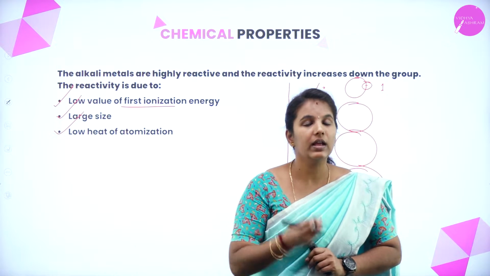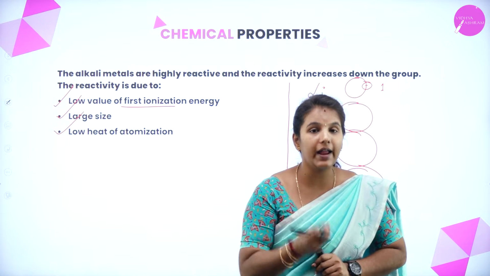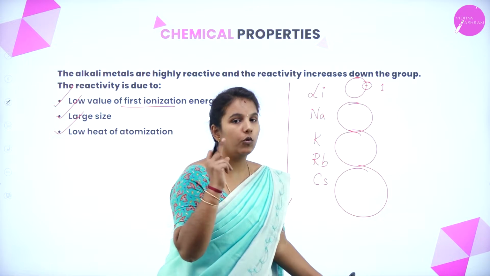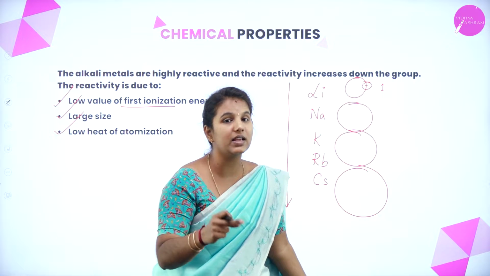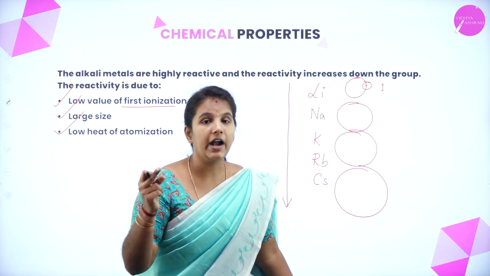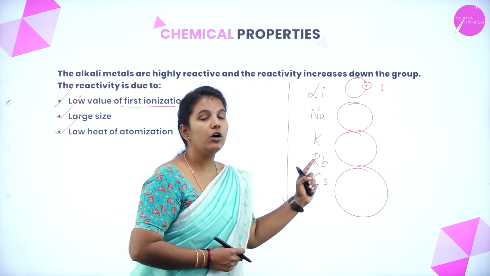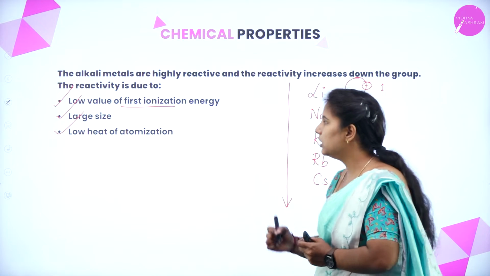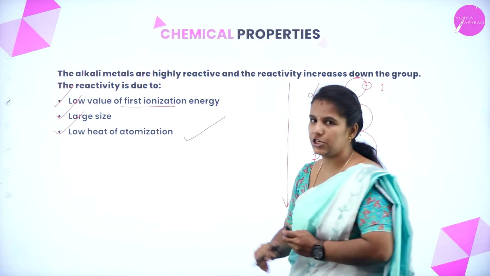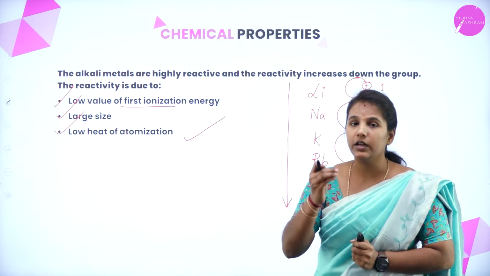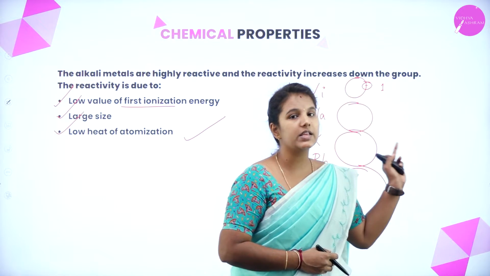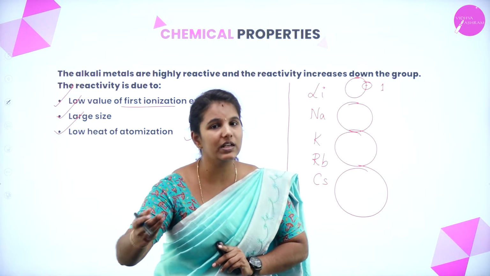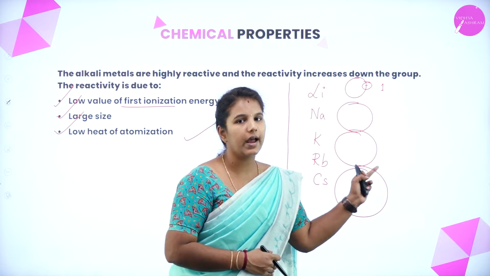That is why these elements are highly reactive as we move down the group, because of the increased number of shells, the low first ionization energy and the low heat of atomization. Also, the size of these elements increases because of the number of shells being added.